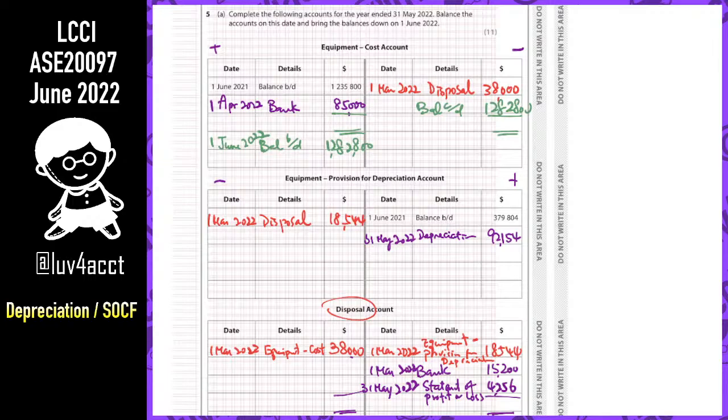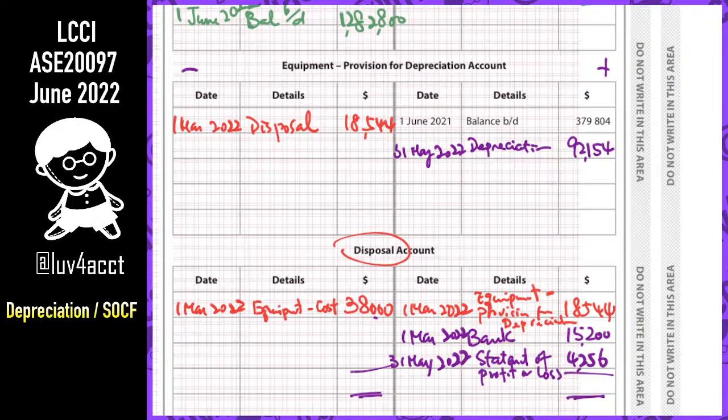So next, 4 5 3 4 1 4, balance. 31st May, 1st June 2022.